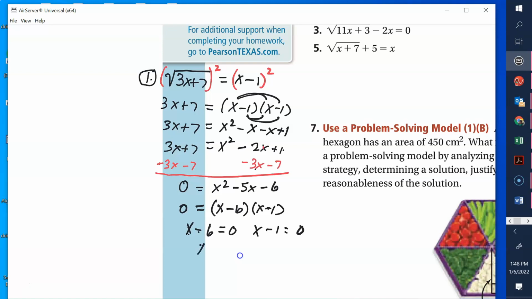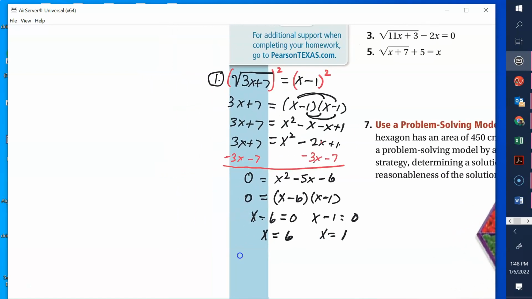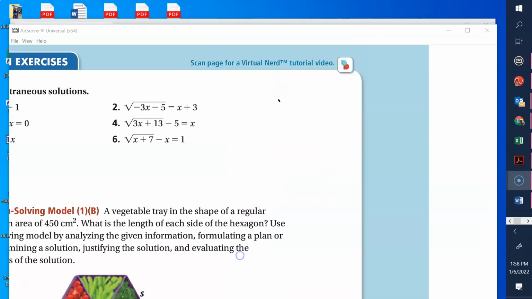What is the answer, Hannah? x equals 6. What do we have to do now? What do we do next? We have square roots.